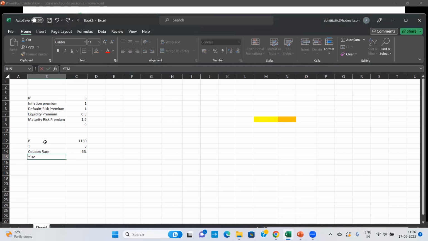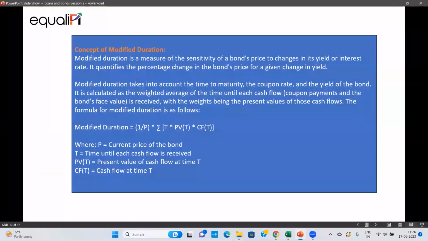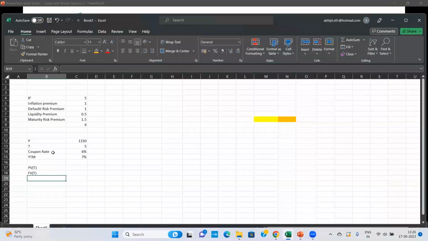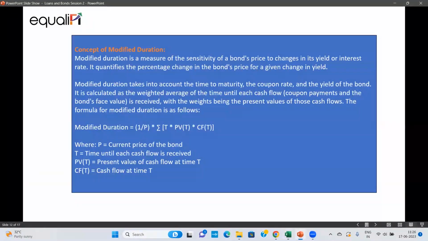And YTM is say 7%. Right? So you find out the PV and you find out the CF, and then you find out the modified duration first. This is the first thing you have to do. And then we will find out the price value of basis point.